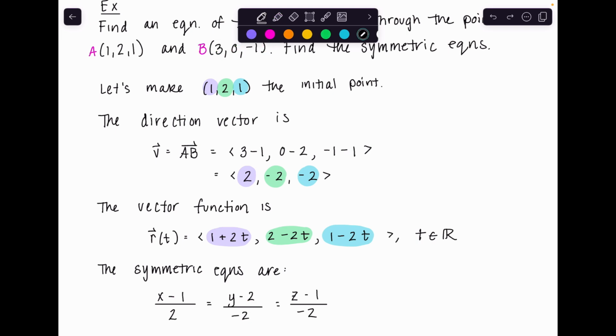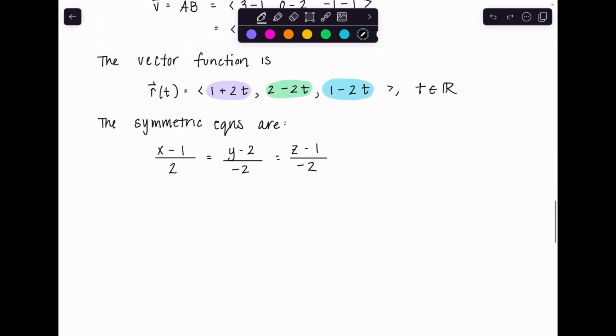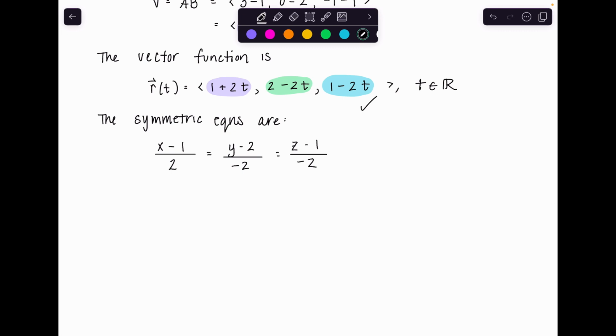Okay? Now I am going to make one note here for this vector function because very soon in the future we're going to have to talk about coming up with an equation to describe a surface. And so what I want to do is just show you something nice that happens as a result of this.